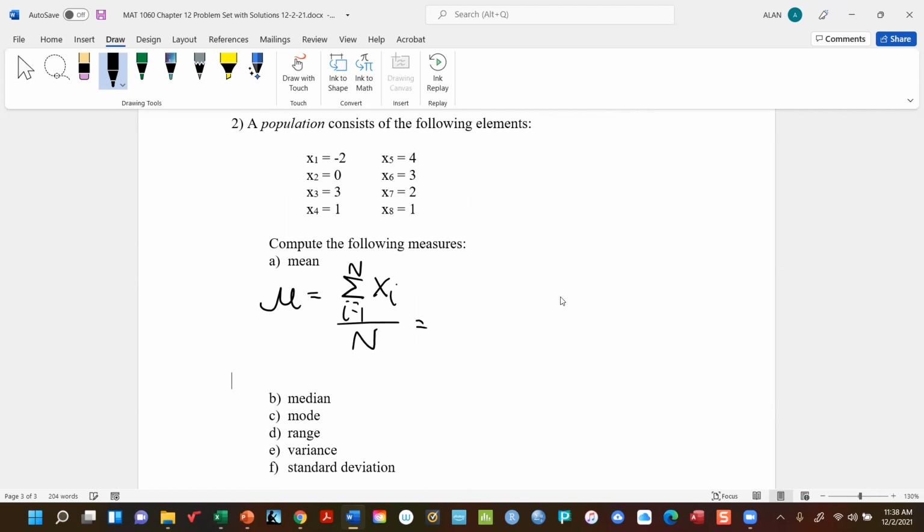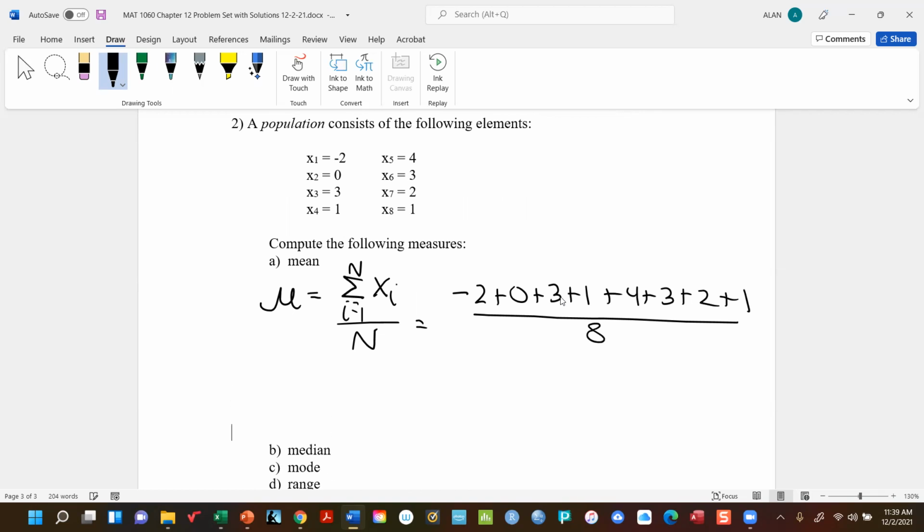So again, you're just adding them up. And in this case, dividing by 8. And so that turns out to be 12 over 8, or 1.5.